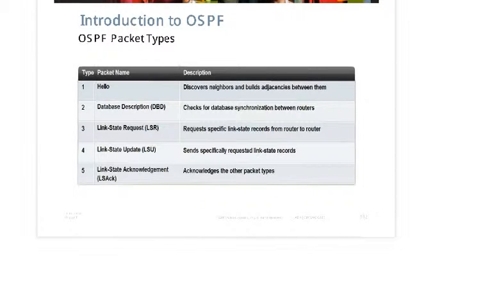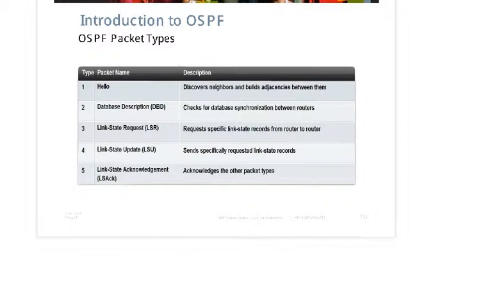You have the hello packet, and we all know the hello packet, except that the hello packet for OSPF has more functions compared to EIGRP, not just to discover adjacencies only. It is used to discover adjacencies, but also to do something else, which we will talk about.